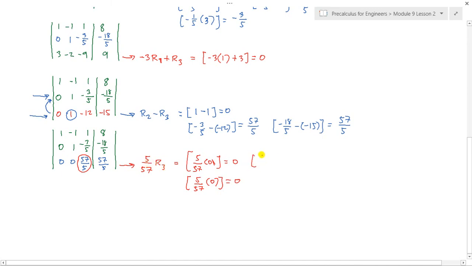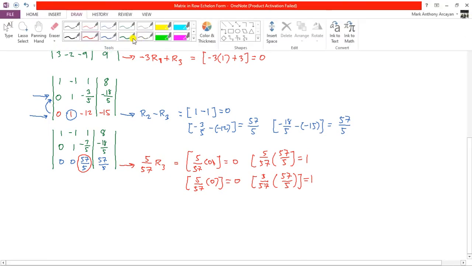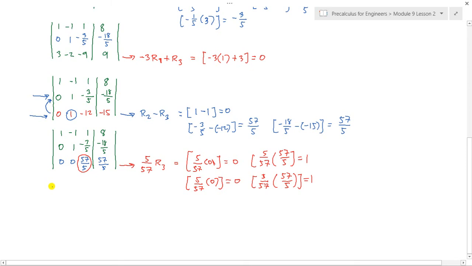Then let's have the third column, 5 over 57 multiplied by its reciprocal, automatic ma-1 na siya. Sa last part pod, since same raman sila, automatic mahimo pod siya og 1. Therefore, our final matrix is 1, -1, 1, then 8.